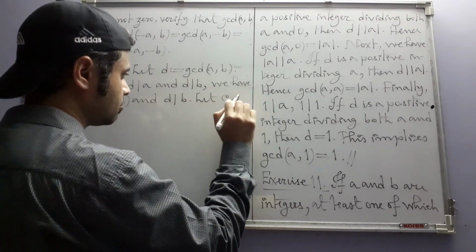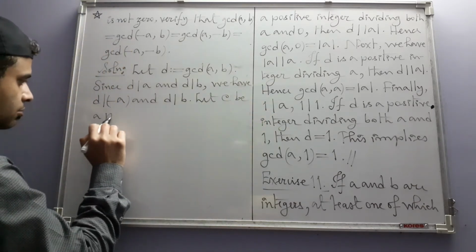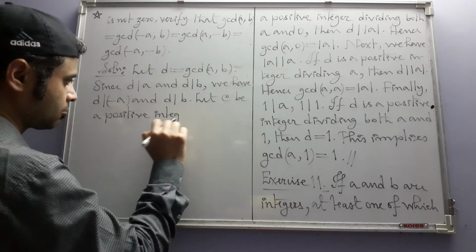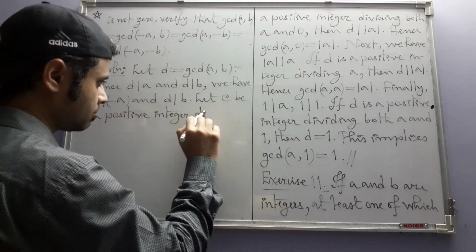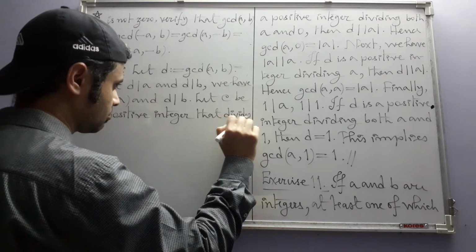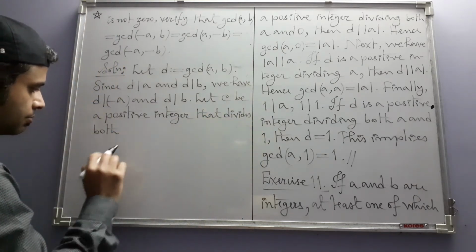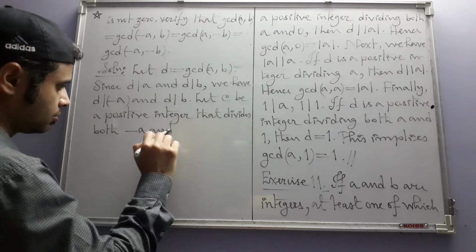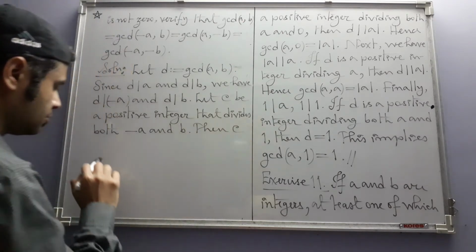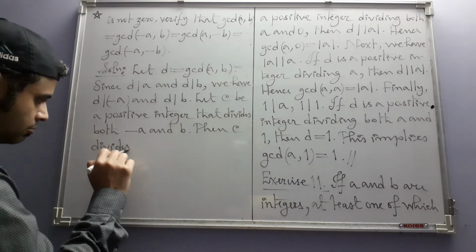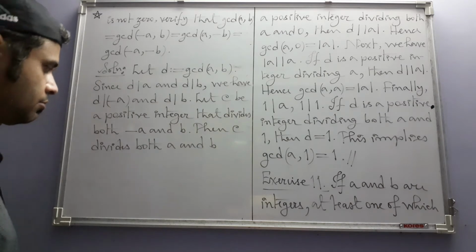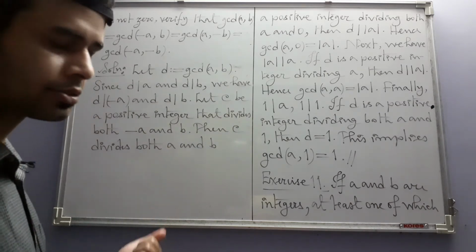Let C be a positive integer that divides both minus A and B. Then C divides both A and B. If C divides minus A, then C has to divide A as well.